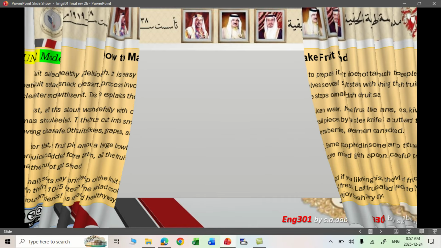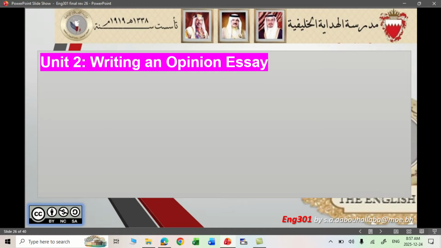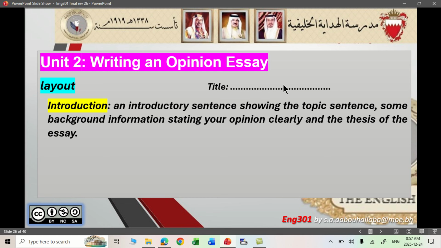The second writing topic is writing an opinion essay, and that is the layout of the opinion essay. You start by writing the title, and then you go into the introduction where you are going to give an introductory sentence showing the topic sentence, the main idea of the essay you are going to write about, and you need to give some background information and state your opinion clearly and the thesis of the essay.